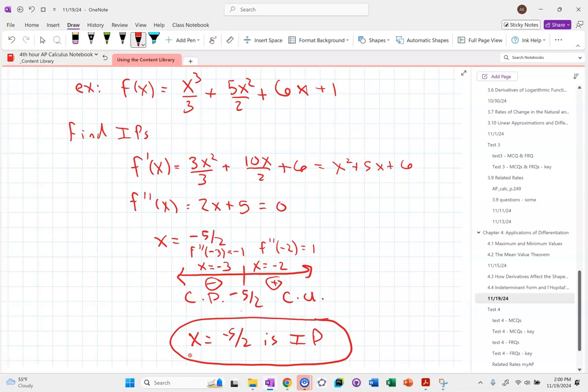Asking you to do all that kind of analysis, using your first and second derivative tests and checking where things are increasing and decreasing, concave up and concave down. That's a textbook free response question, to ask you to do a whole bunch of things that are all kind of interrelated. So I would expect to see that kind of a question as at least one free response.